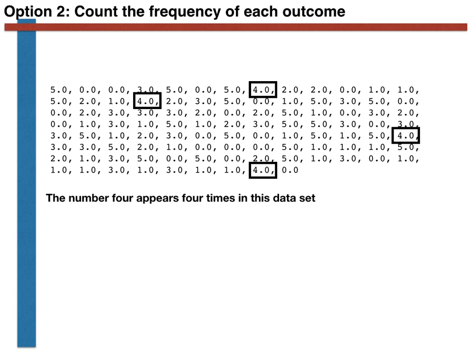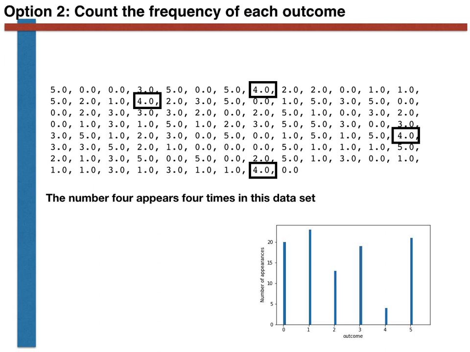We can do this for each of the 6 possible values that our result can take, and we get 6 numbers, which we can store in a list. We can even plot a bar chart like this one that shows these 6 numbers. On the x-axis of this figure, we have the 6 possible outcomes for our experiment, and on the y, we have the number of times that each of these results came up.